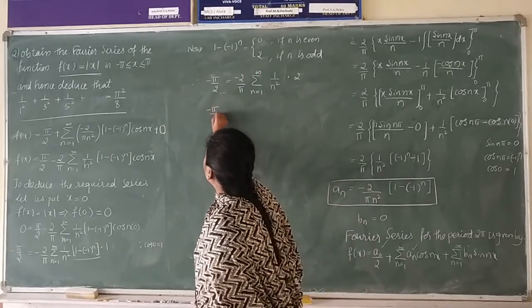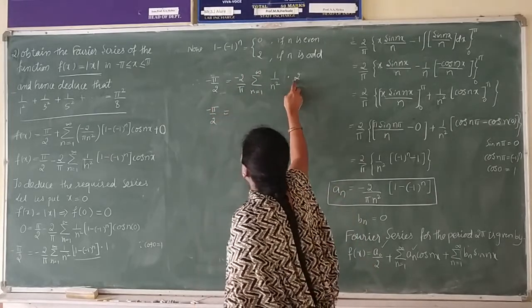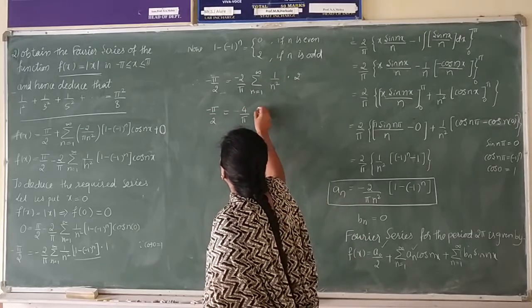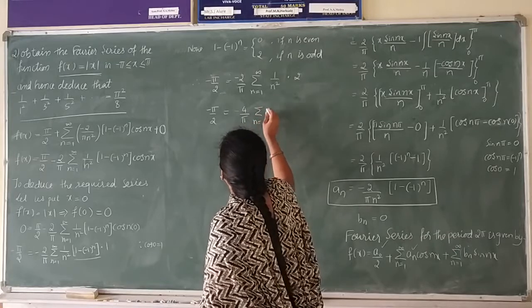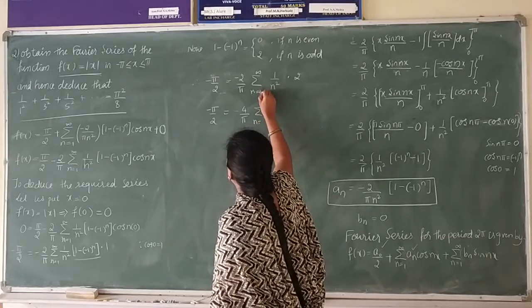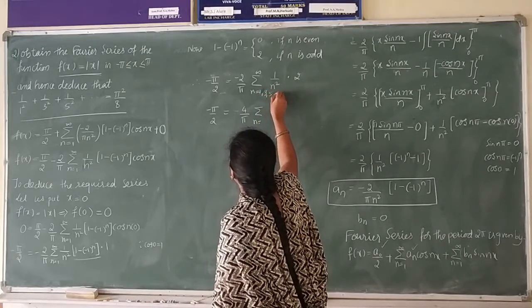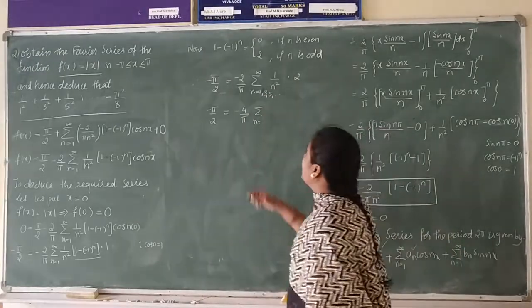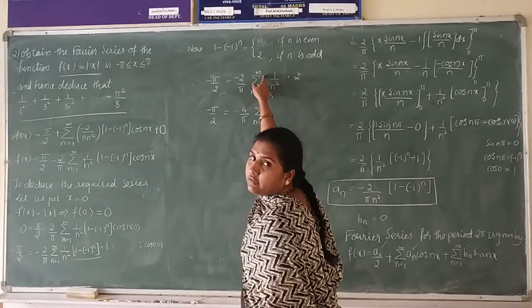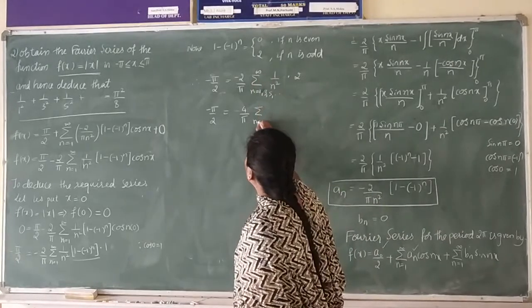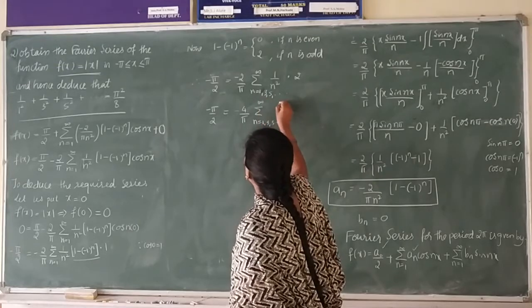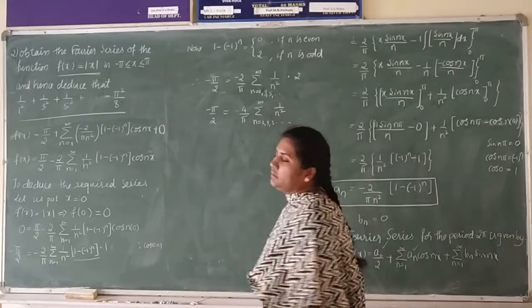Minus pi by 2 equals, again, 2 is a constant, taking it outside the summation, minus 4 by pi summation. Here we have considered the odd values, therefore n equals 1, 3, 5 and so on up to infinity, means odd values, 1 by n square.